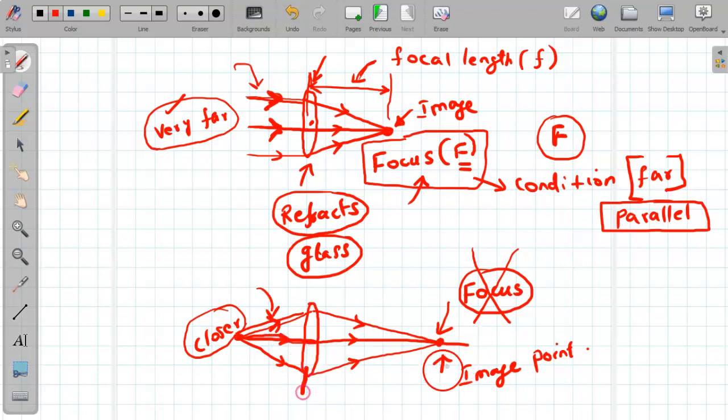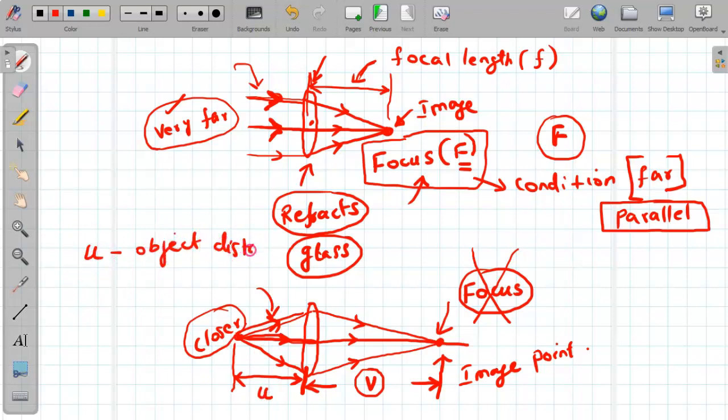The length between the optic center and the image is called image distance, that is V. The distance between the object and the optic center is called object distance, U. So U is object distance and V is image distance.